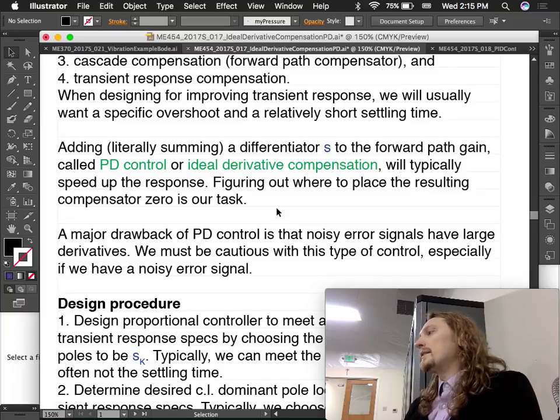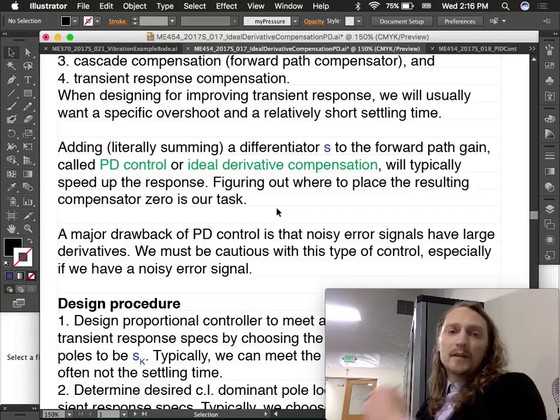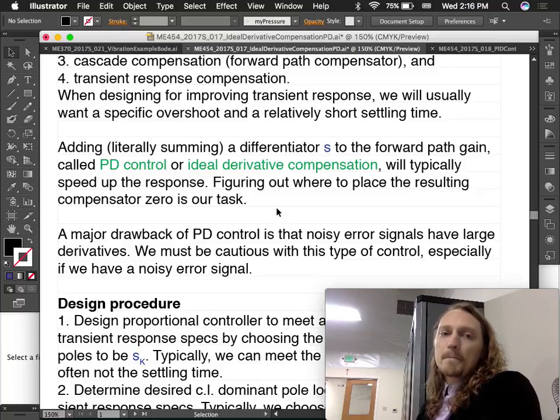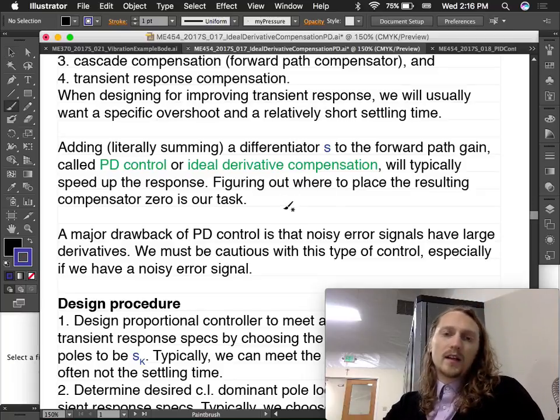It makes sense that if you're differentiating and your error starts to increase suddenly, you're going to get a strong response from your controller if you have some derivative control in there. So our system's going to respond quicker with some derivative control in there. But it's something you have to be very cautious with, because if you have a noisy signal, so say your error signal looked like this.